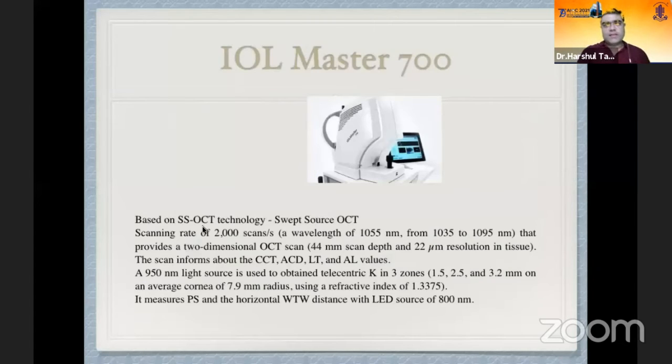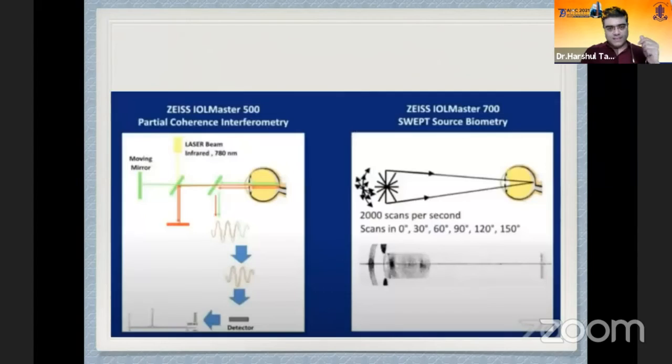So this swept source OCT IOLMaster 700 has a scanning rate of 2000 scans per second, and it uses a wavelength of 1055 nanometer, and this wavelength varies from 1035 to 1095, and it provides a two-dimensional OCT scan, as I said. It uses 950 nanometer light to obtain telecentric keratometry in 3 zones. It makes 2000 scans per second in 6 meridians: 0 degree, 30, 60, 90, 120 and 150.